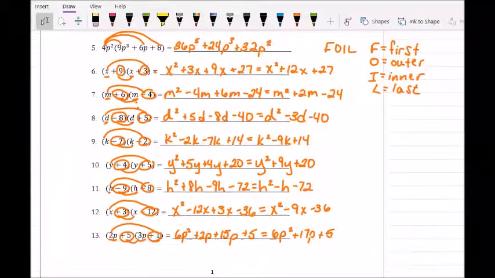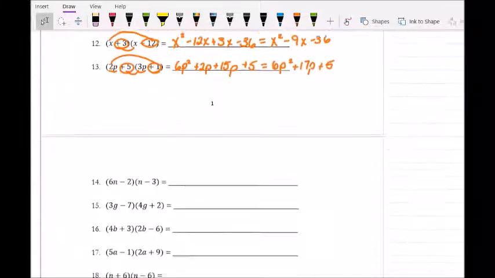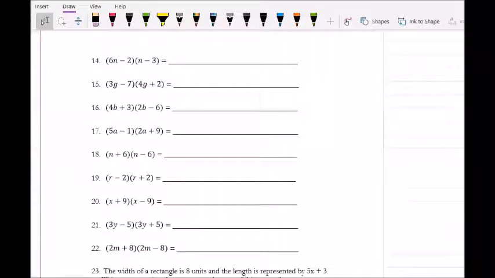Okay, moving on. We have some more binomials. 6n times n would be 6n squared. Outer, 6n times negative 3 is negative 18n.